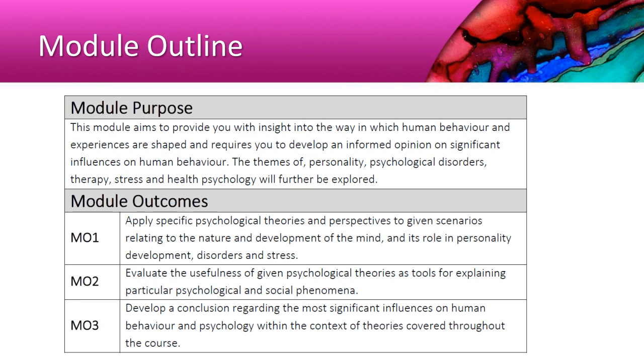The second module outcome is you need to be able to evaluate the usefulness of given psychological theories as tools for explaining particular psychological and social phenomena. And the third outcome of the module is to be able to develop a conclusion regarding the most significant influences on human behavior and psychology within the context of the theories that we've covered throughout the course. So that is what you should be able to do at the end of this module.